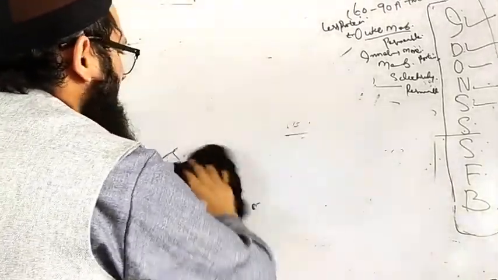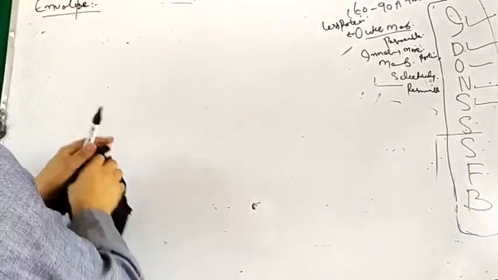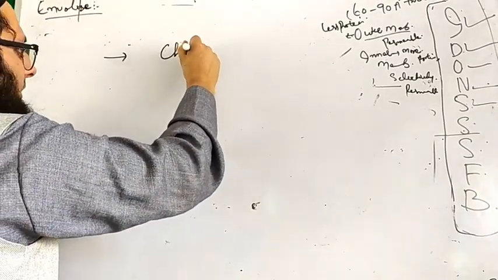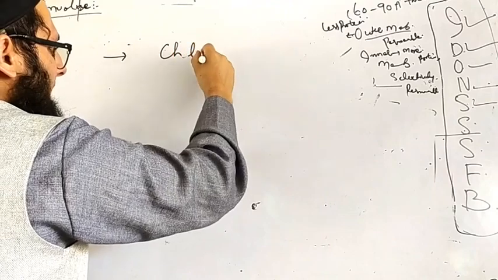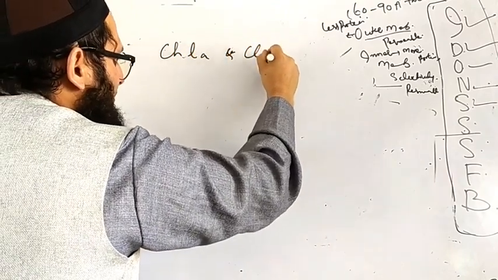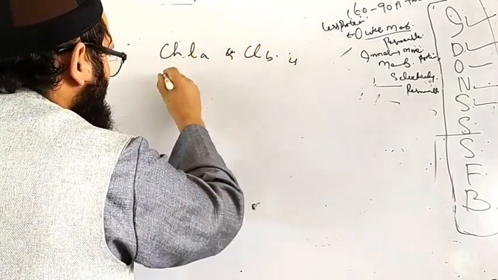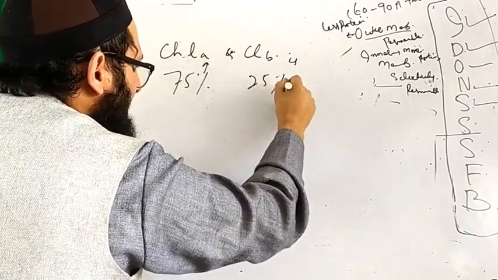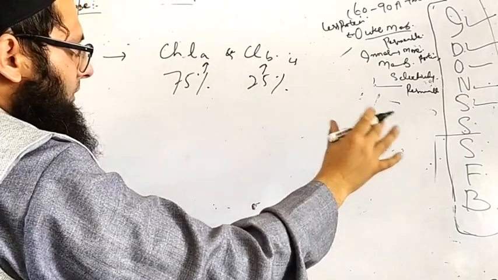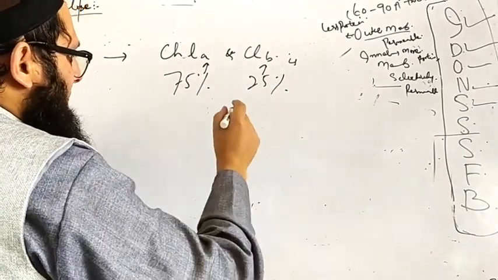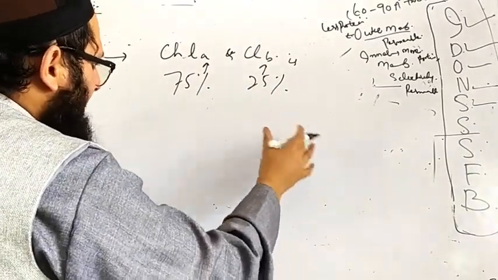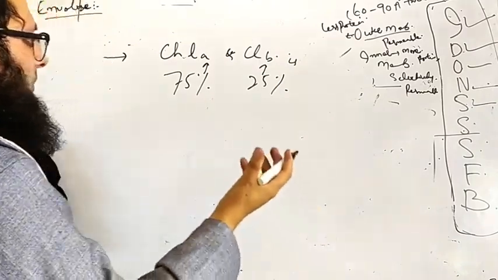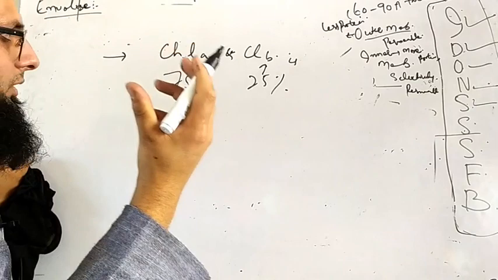So this is all about the structure. I would like to add one more very important point. That is the concentration of chlorophyll A and chlorophyll B: in the chloroplasts of higher plants we have 75% chlorophyll A and 25% chlorophyll B. Sometimes the question is asked, what is the ratio of chlorophyll A to chlorophyll B in higher plants?